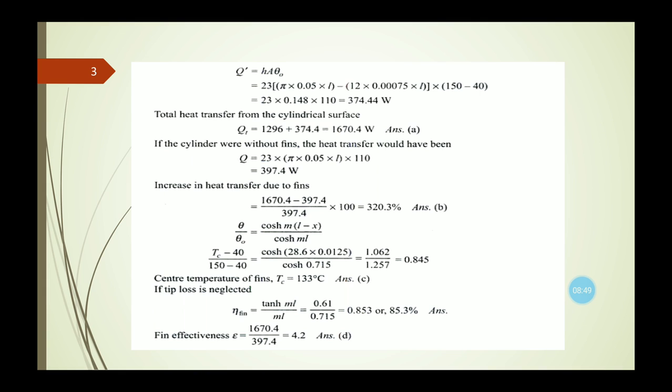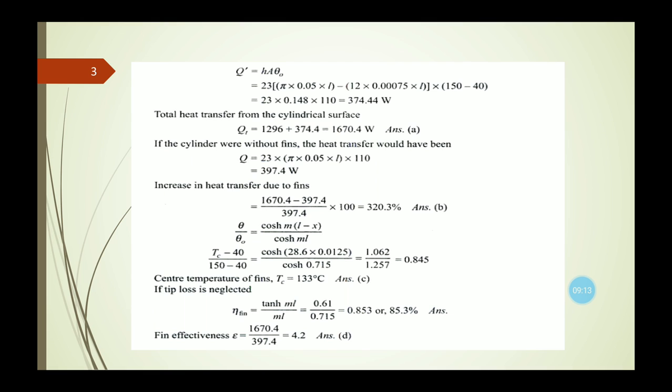Now for the third part of this numerical, theta by theta naught is equals to cosh m(l minus x) divided by cosh ml. So theta by theta naught can be represented as the temperature differences. So Tc minus 40 divided by 150 minus 40, this is equals to cosh m(l minus x).